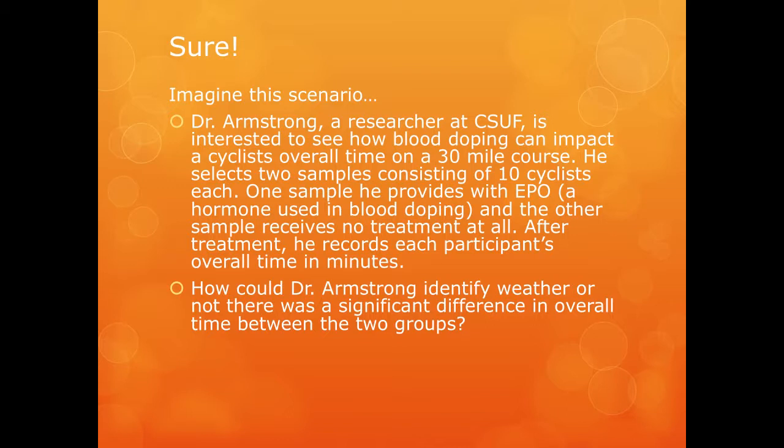If the researcher stated that he wants to see if the doping group will perform better, then that would be a one-tailed test because we would only be interested in the positive side of the curve. But since he's simply looking for differences, it's going to be a two-tailed test.